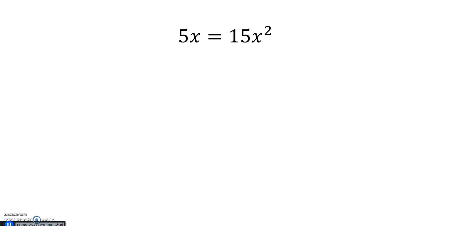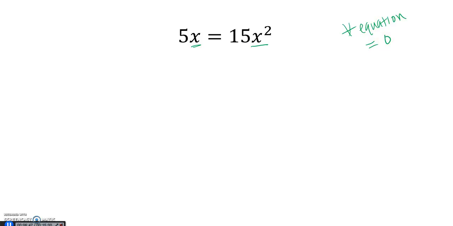Now we have a situation where we have an x squared and an x in the same problem, but we still only have two terms. You might want to make a note to yourself that whenever you have to factor, you always want your equation to be equal to 0.